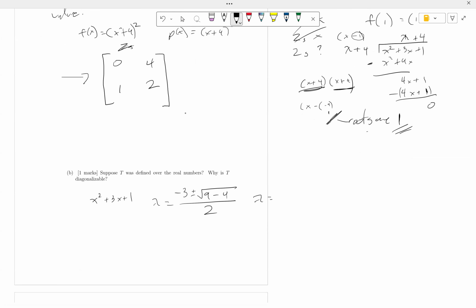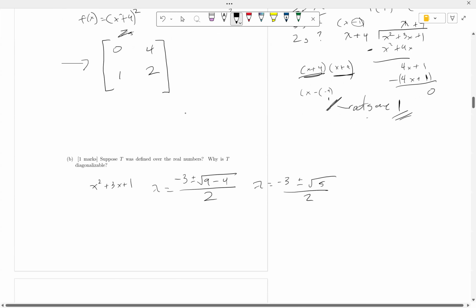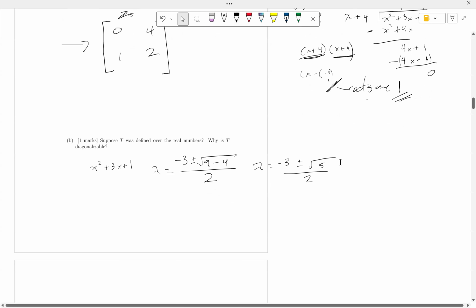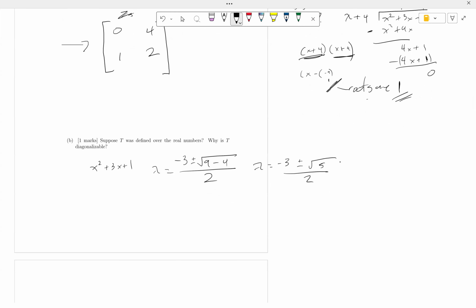Lambda equals -3 plus or minus the root of 5, over 2. Here, I have two roots. The discriminant is non-zero. I have two distinct roots.